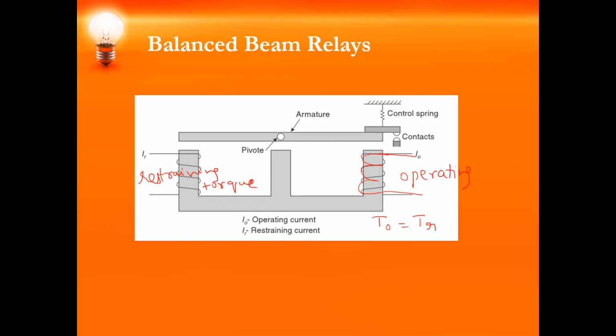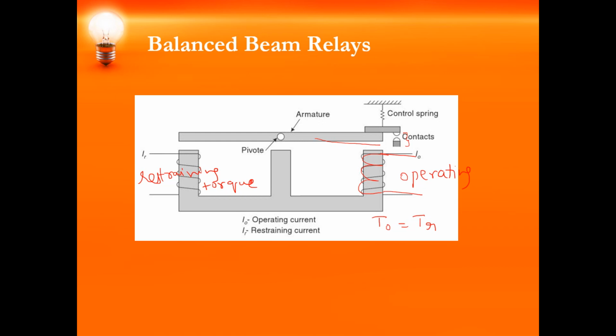Now, when there is a fault, the operating torque will be high. Whenever the operating torque is high, the beam gets slightly moved, or the armature gets slightly moved towards the operating torque or the operating beam, thereby closing the contacts of the relay.